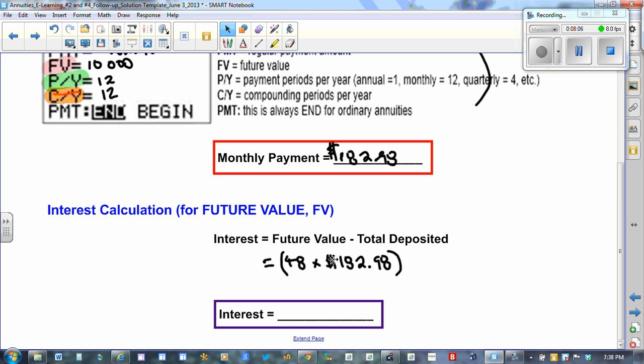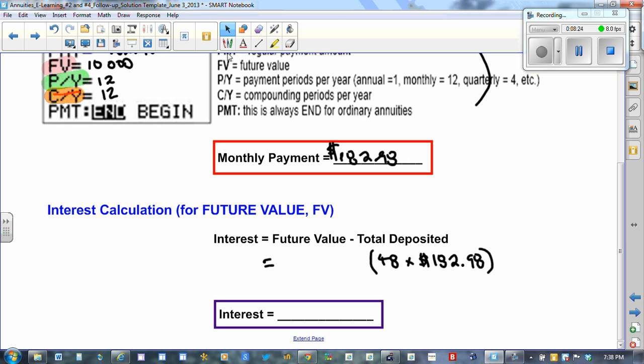My apologies. That goes over here. That's my total deposited. Okay, so again, I should have known that. Must be thinking of the next question where we're going to do present value. So total deposited is this amount here.